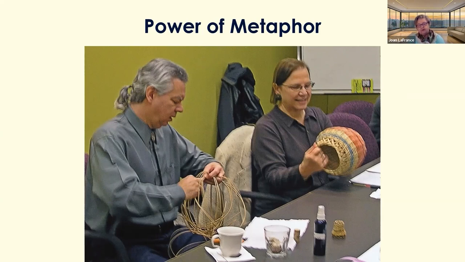He told the story of the basket from his grandmother. In the process of making that basket, he illustrated how when he started, the basket would end up with an inner and outer wall. He said it was the tension between that inner and outer wall that began to give the basket its shape and its integrity.